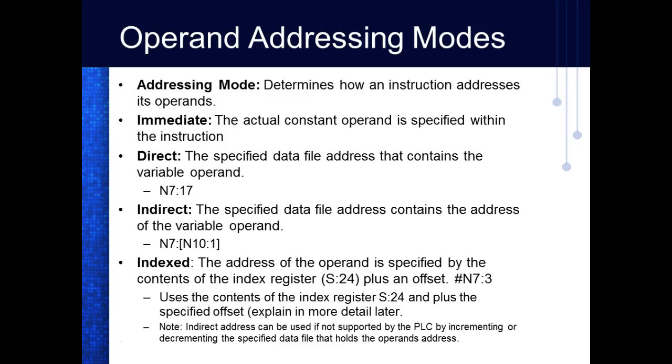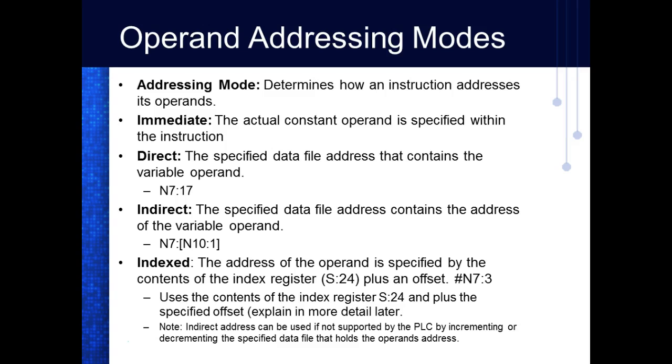This is not in the textbook, but it's something we're going to have to understand. So addressing mode determines how the instruction addresses its operands. And what's the operand? That's the numbers that the instructions are working with, right? Y'all understand that? So two, we've already used immediate addressing.